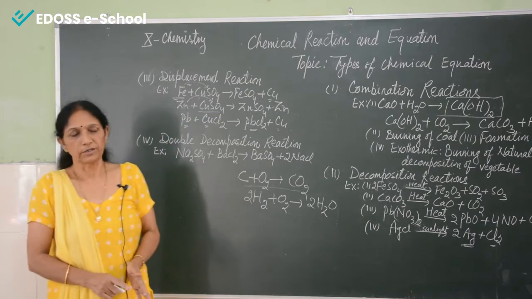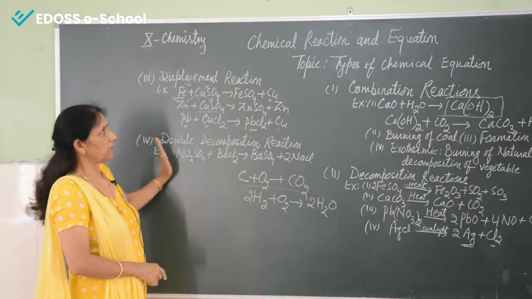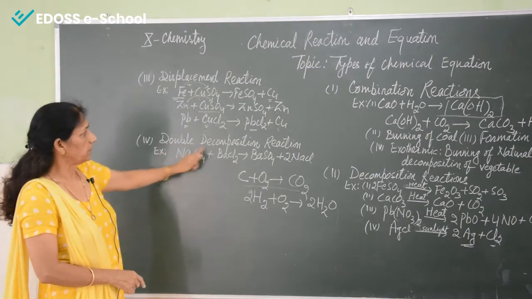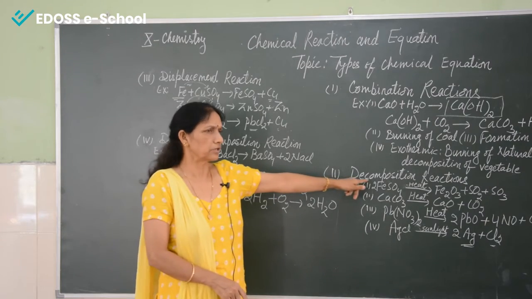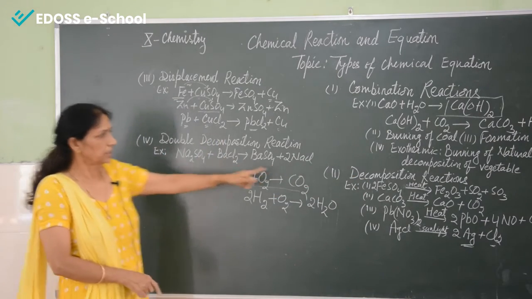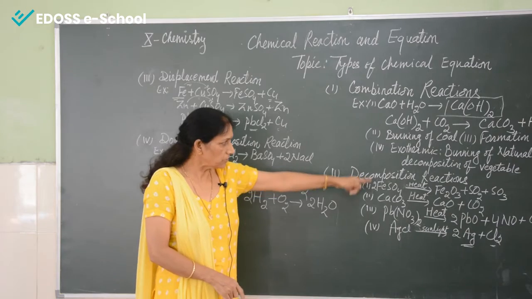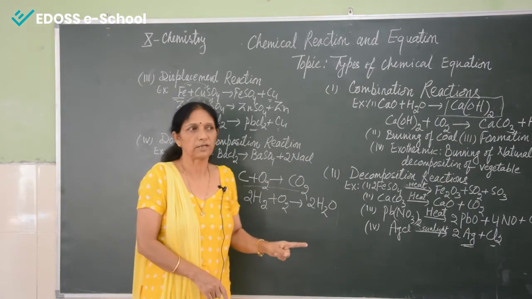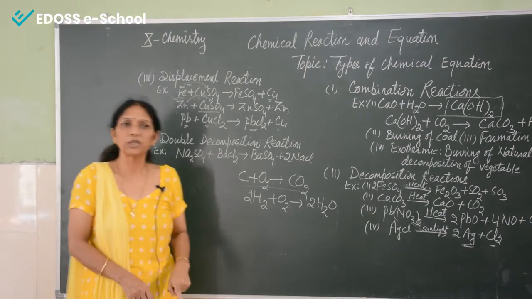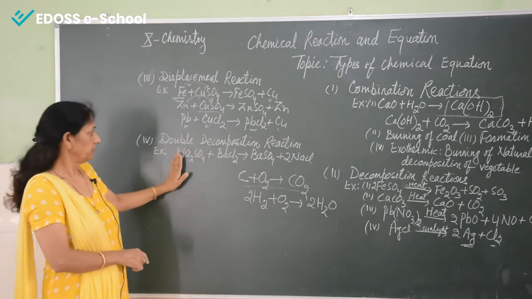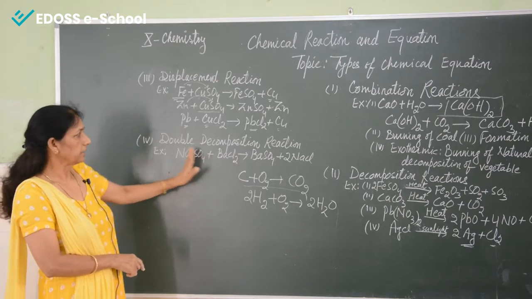Now the last type of reaction is double decomposition reaction. It is just like decomposition reaction, but in decomposition only one reactant decomposes, whereas here decomposition takes place in both the reactants. Now see here, this is sodium sulfate and this is barium chloride.